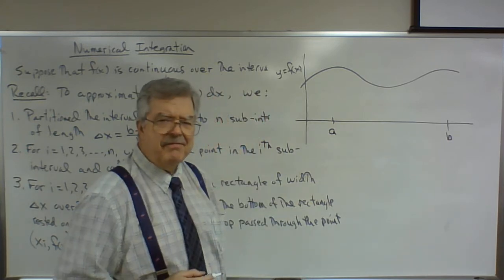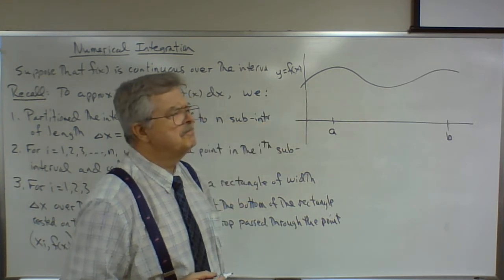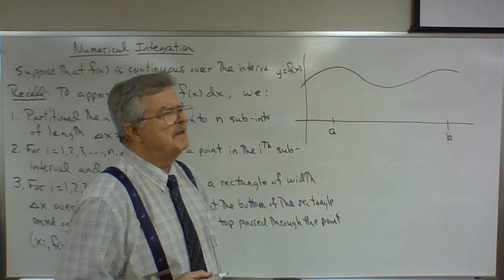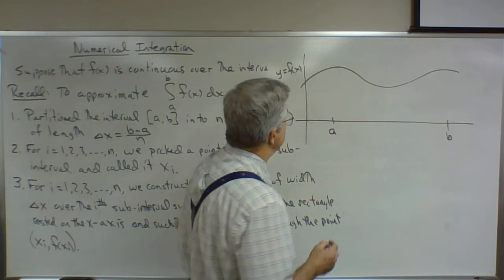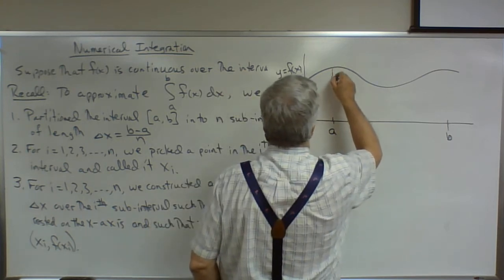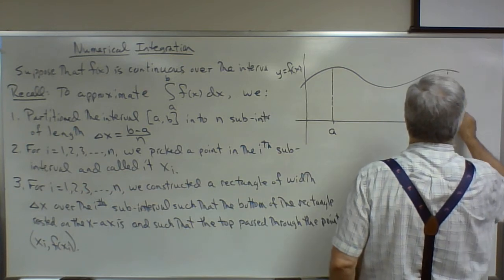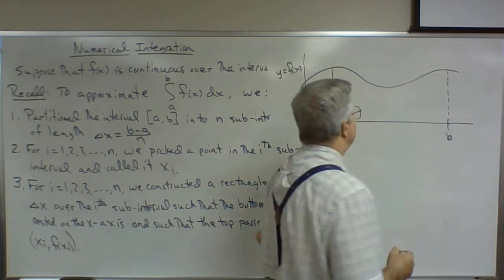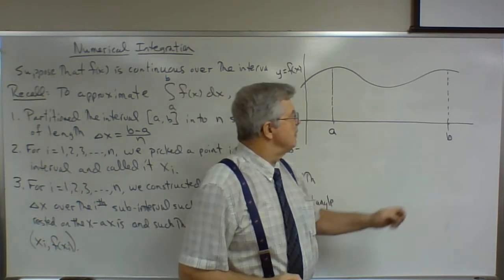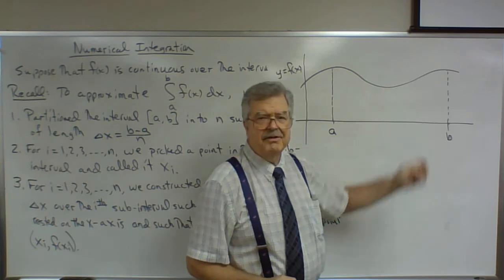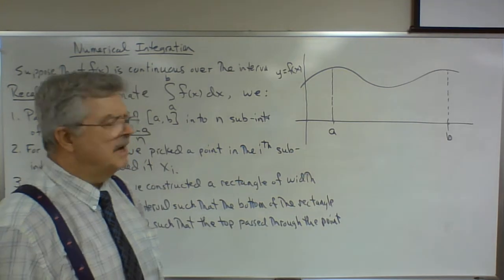And if the graph lies above the x-axis, then the definite integral is equal to the area bounded by the graph of f of x and the x-axis. So the integral of f of x from x equal a to x equal b is the area of this region. And realizing that that was the case, we got this bright idea.